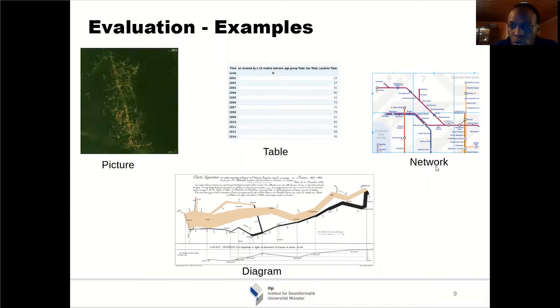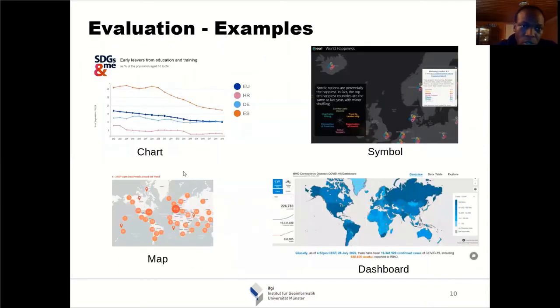We have networks, which model relationships between places. We have diagrams, which are handcrafted, Minecraft map is an example. Then we have charts, which we are familiar with. Some of them have place names, like here, the SDG data.